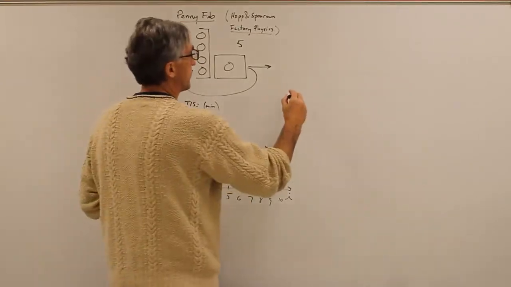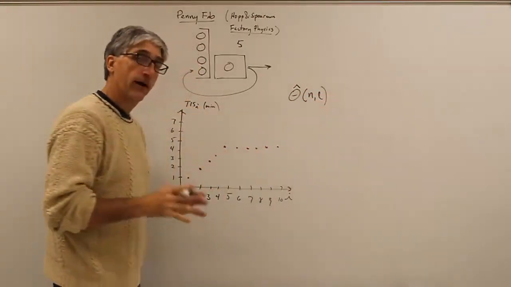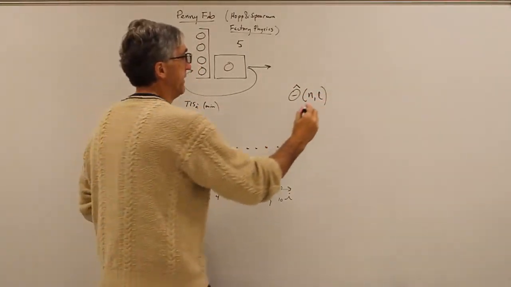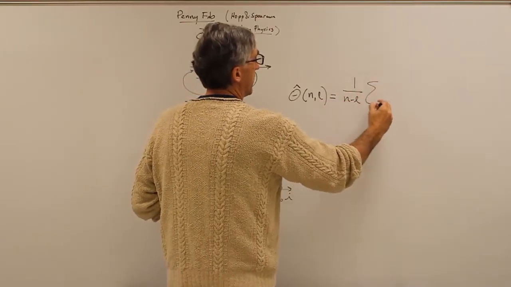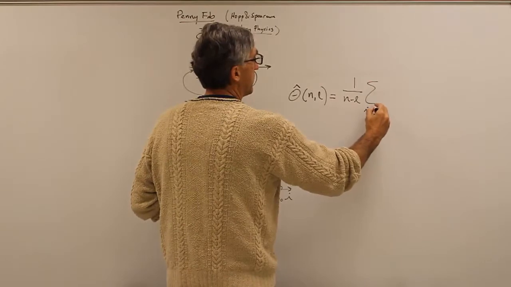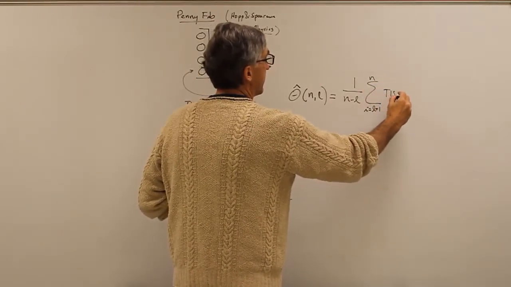This time what we're going to do is define theta hat in L, where L is going to be defined as our warm-up period, is equal to 1 over n minus L times the summation i equals L plus 1 to n of TISI.